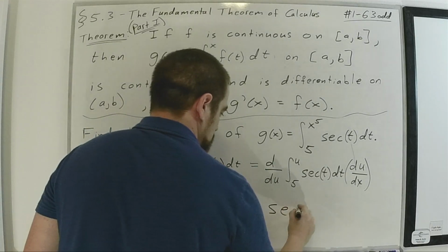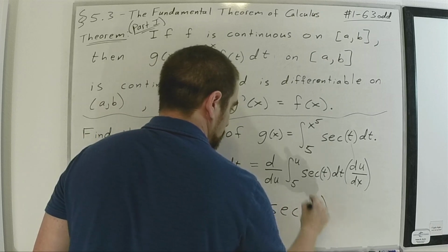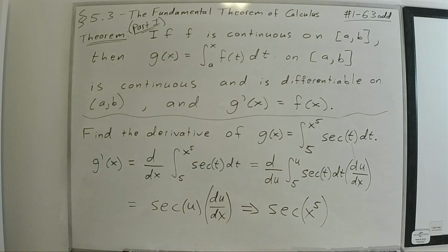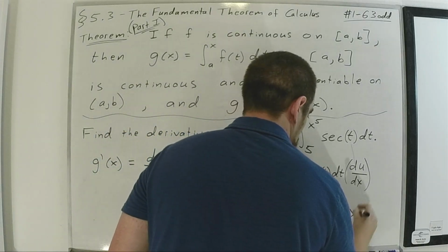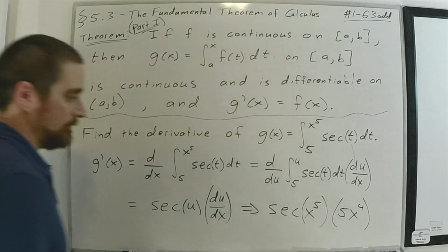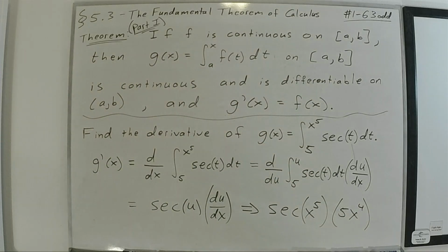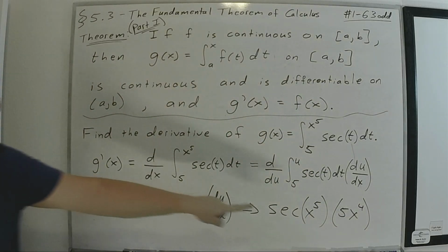It's going to give me secant of x to the 5th, which means I need to multiply this entire function by 5x to the 4th. So that would be the derivative of g.